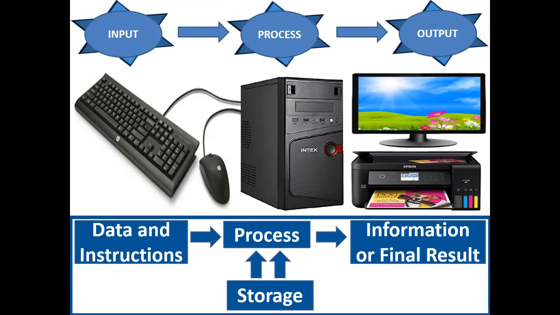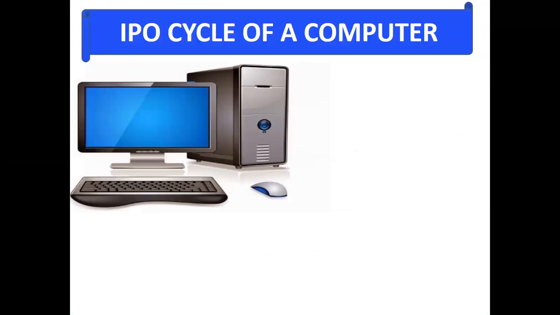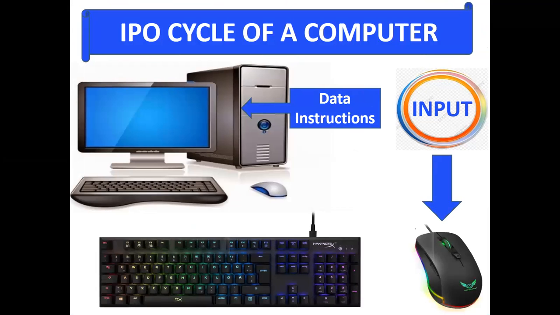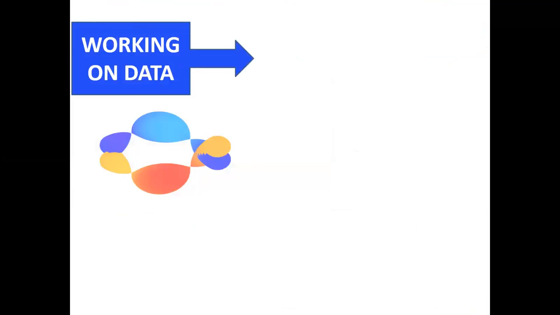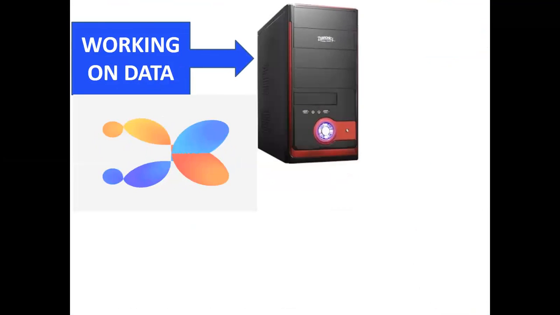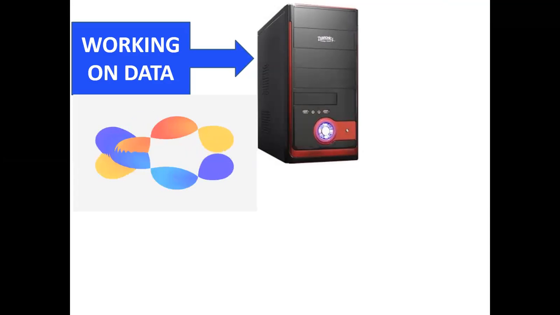In other words, in a computer, we enter the data and instructions. It is called input. We input data using the keyboard and mouse. Working on the data is done by the CPU. The CPU does all the thinking and calculations.